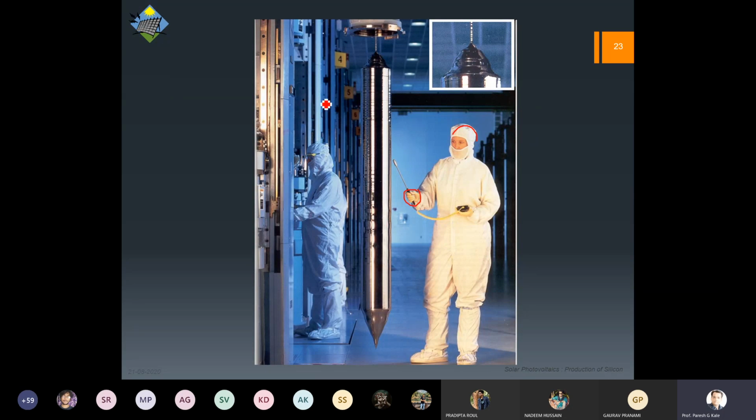This room they are standing in is called a clean room facility. Clean room means it is absolutely clean, and it is classified as class 1, class 10, and class 100. Class 100 is roughly 1 ppm impurity level, but class 1 has 1 ppb impurity level.